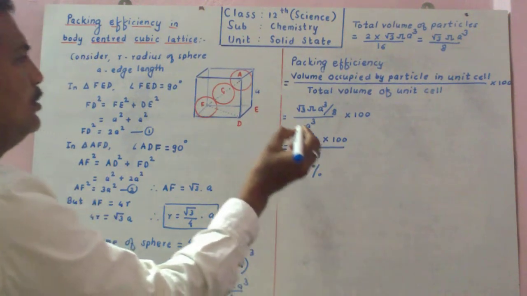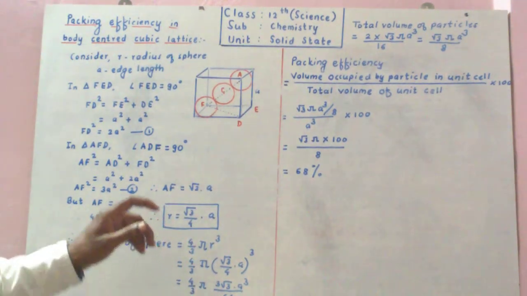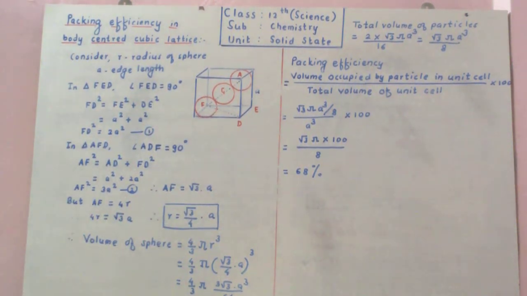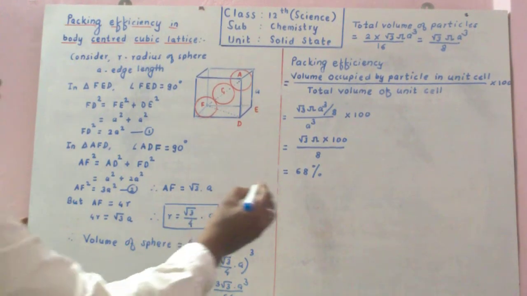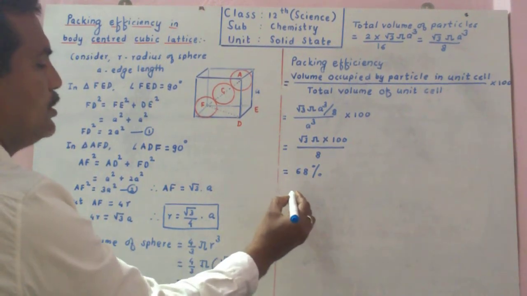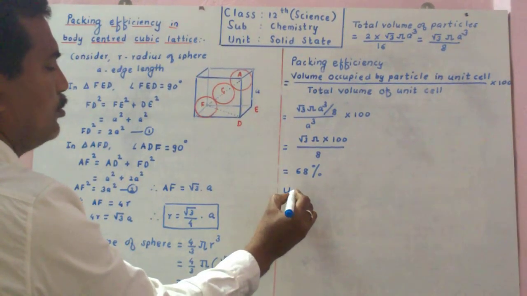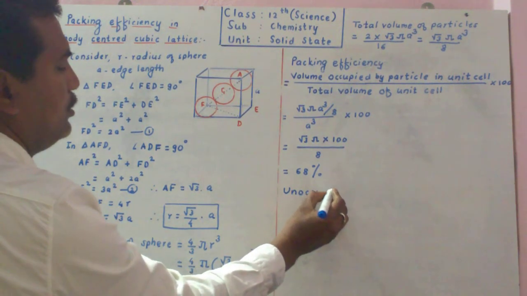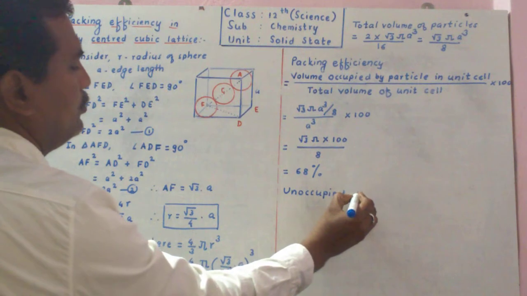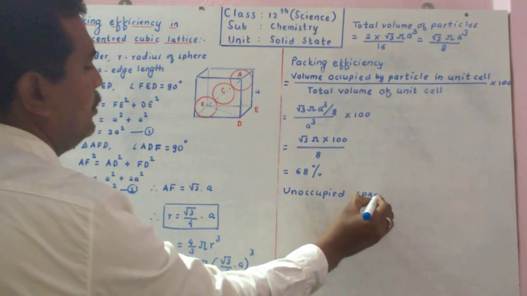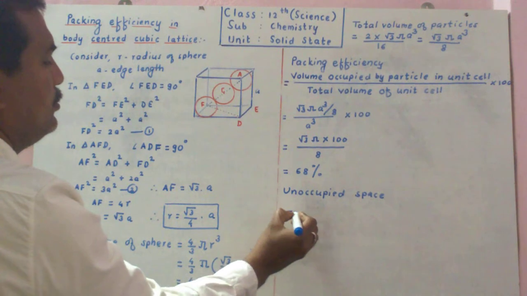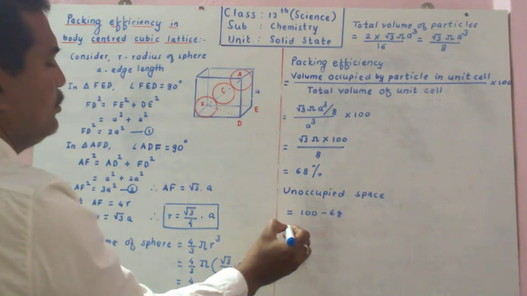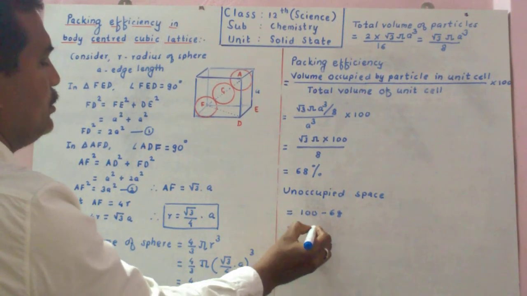In this way, the packing efficiency, or space occupied by particles, in a body centered cubic lattice is 68%. Now the unoccupied space, or void, will be 100 minus 68, which is equal to 32%.